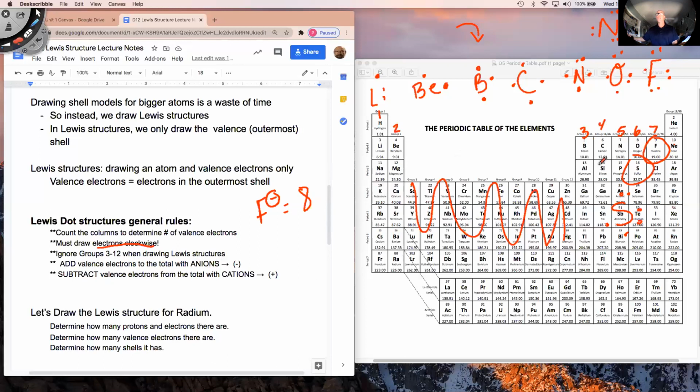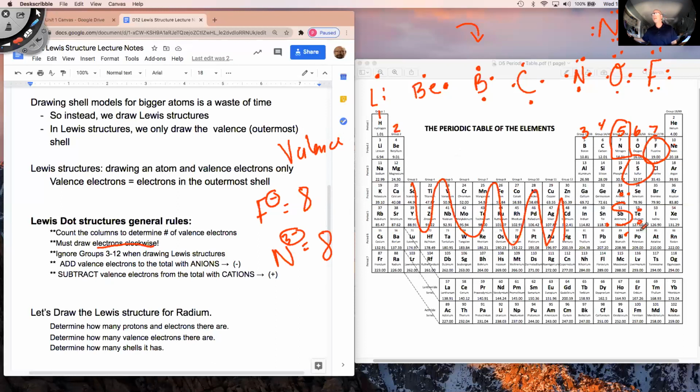Let's look at nitrogen. Nitrogen is a 3 minus. So how many valence electrons does nitrogen with a 3 minus have? Well, nitrogen normally has 5, but there's 3 more electrons, which means that one also would have 8.